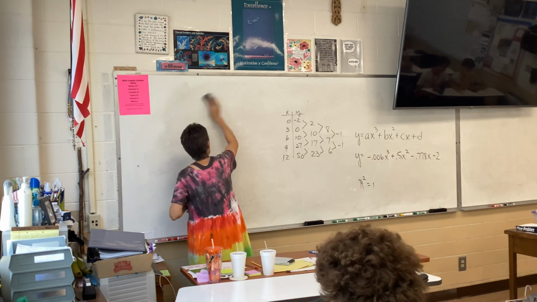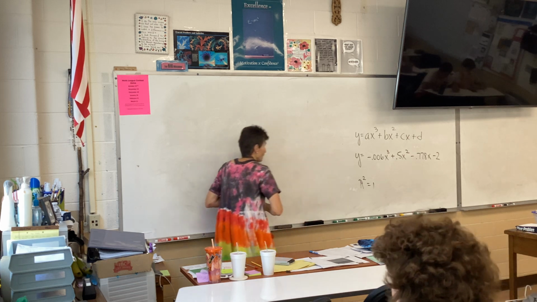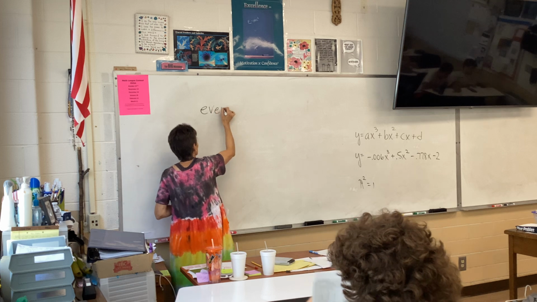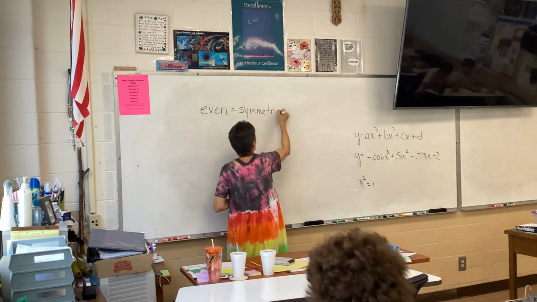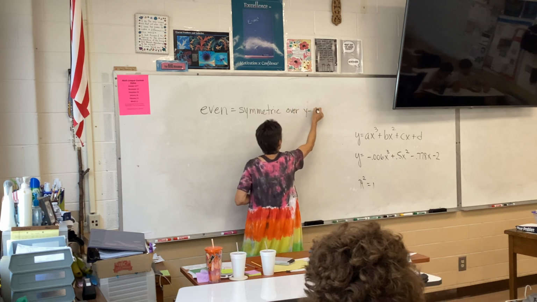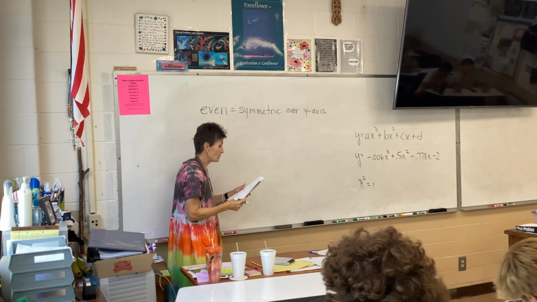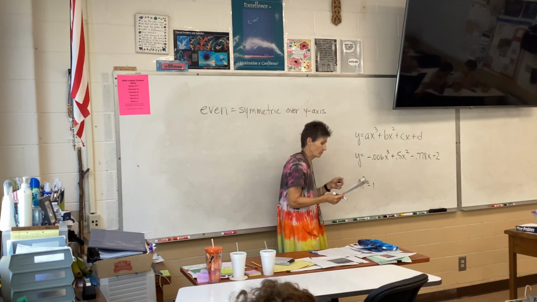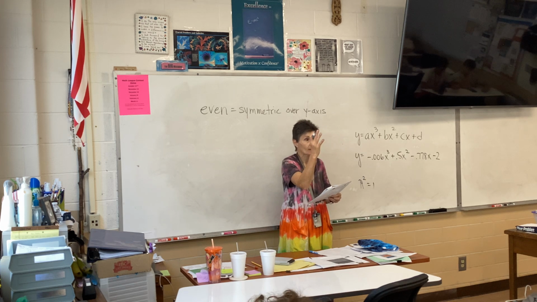I can't remember, did we talk about this in chapter P? No? All right, so let's get our vocabulary down. Even means you're symmetric over the y-axis. Means you have y-axis symmetry. So if you look at the picture that he drew, do you see the symmetry across the y-axis?